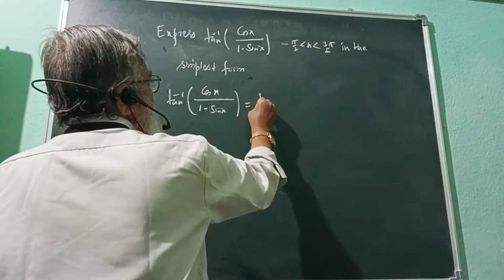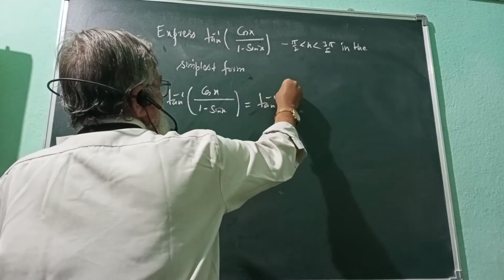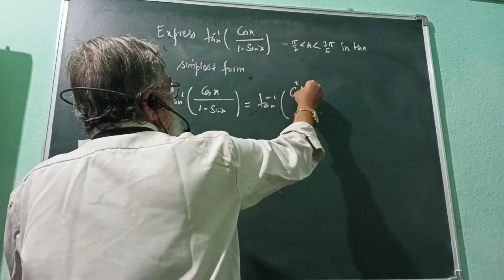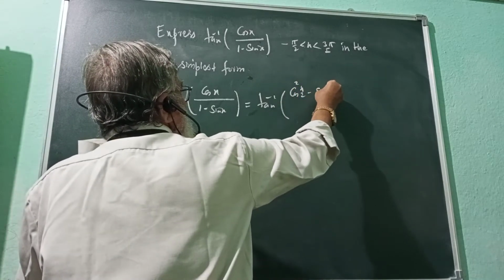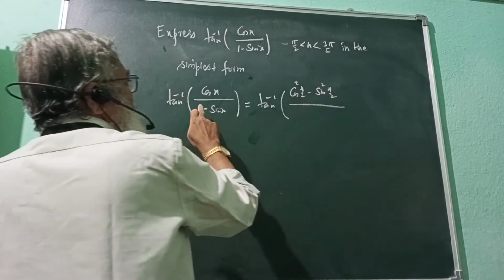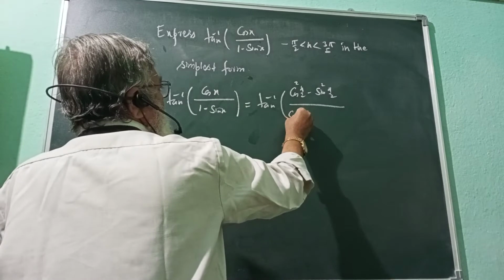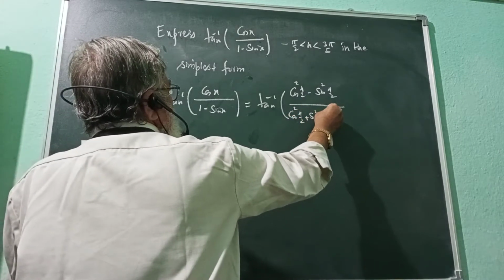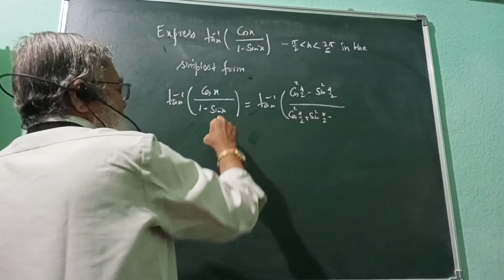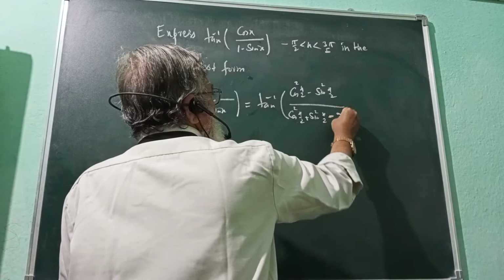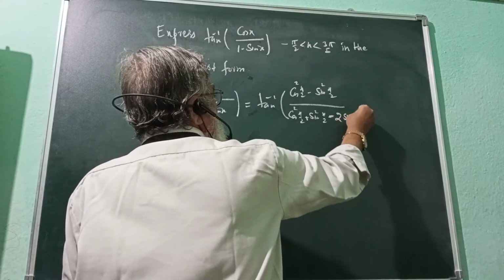That is, cos x can be written as cos square x by 2 minus sin square x by 2, divided by 1. The 1 can be written as cos square x by 2 plus sin square x by 2, and the sin x in terms of half angle is given by 2 sin x by 2 cos x by 2.